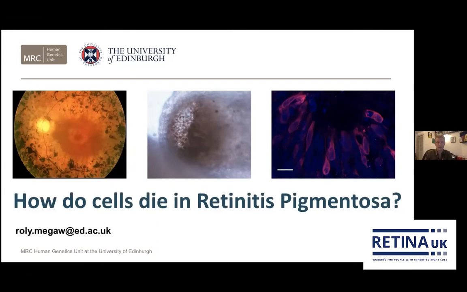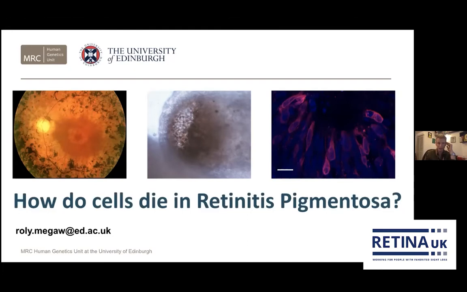And the vast majority of my research has always been trying to understand the mechanism of which genes, or rather genes mutations in which cause RP, I've always been trying to figure out the mechanism as to how they function within the cells at the back of the eye.